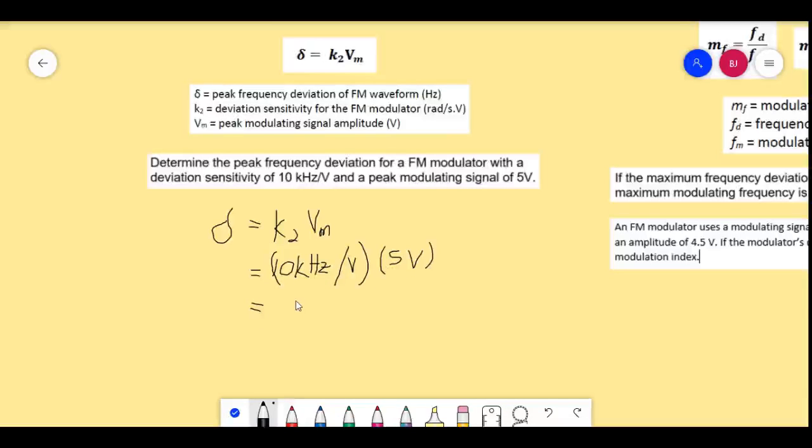Multiplying this together, we get 50 kilohertz. We just use the same prefix used by the deviation sensitivity, and multiply 5 by 10, so we get 50 kilohertz as our peak frequency deviation.